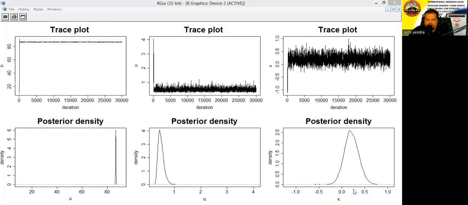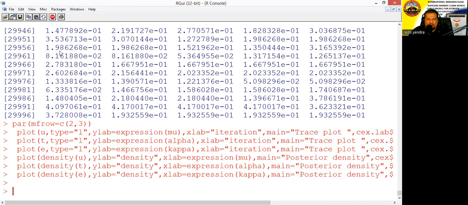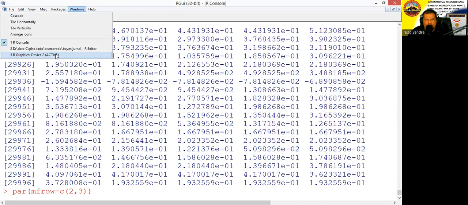So, of course, we need the real value, the fixed value. So from the 30,000 parameter draws, we try to use the median of each parameter. Okay.